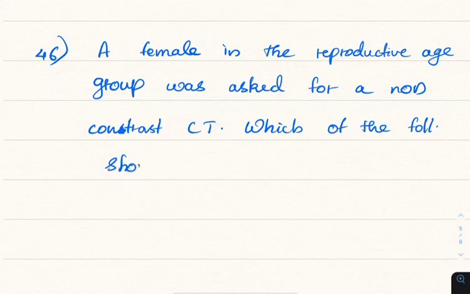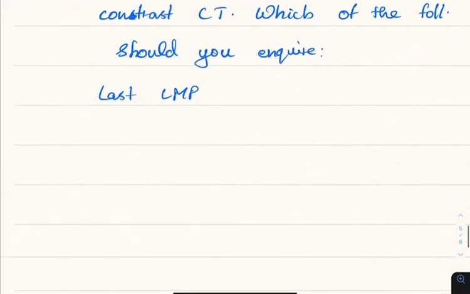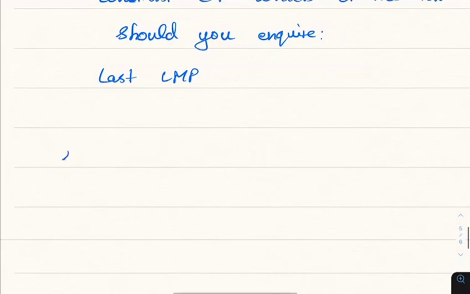So the answer to this is LMP, last menstrual period, because it's a female and she's in the reproductive age group, so we have to be careful. The next question.